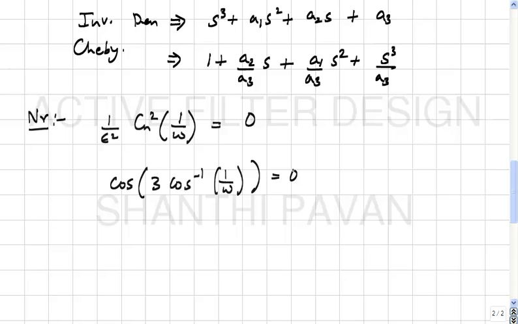Yeah, sorry. The numerator is epsilon square Cn square.